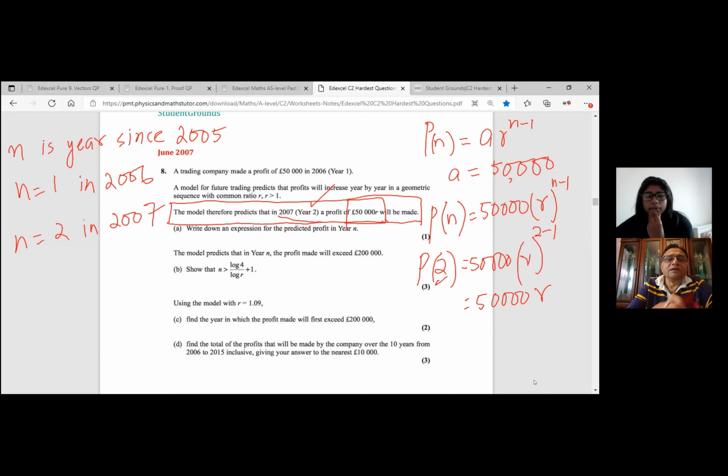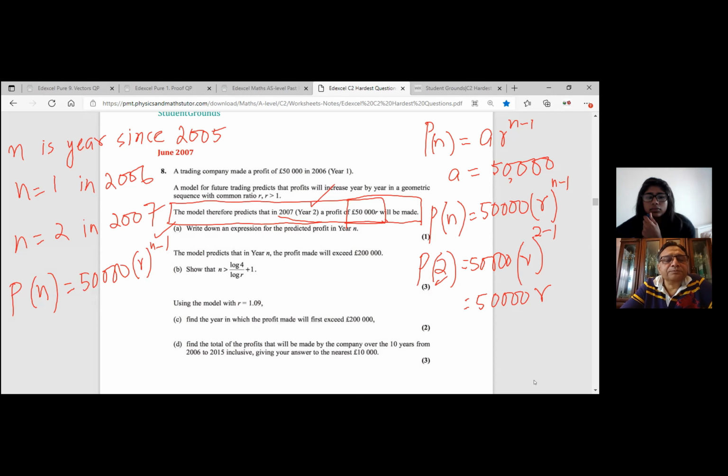So we have done part A, which is to write down an expression for the predicted profit for year N. So the expression for year N will be that P of N is equal to 50,000 R to the power of N minus 1. So that is our part A.